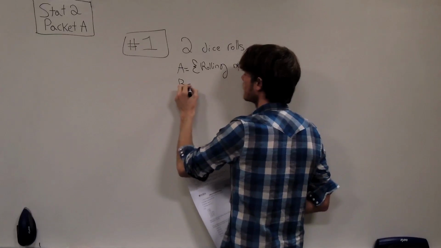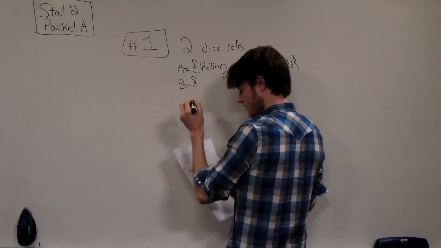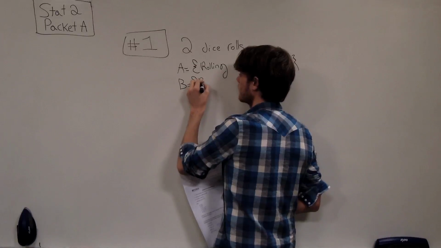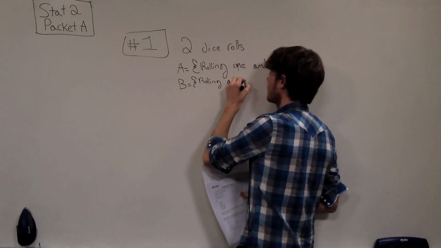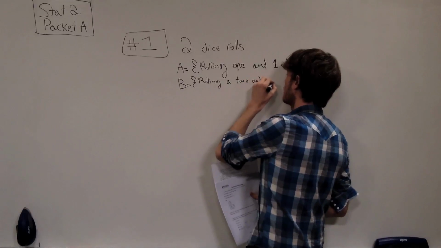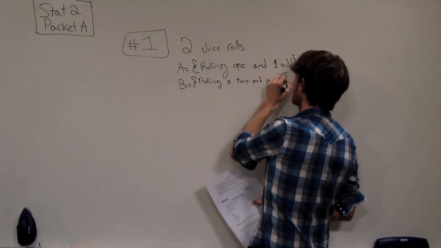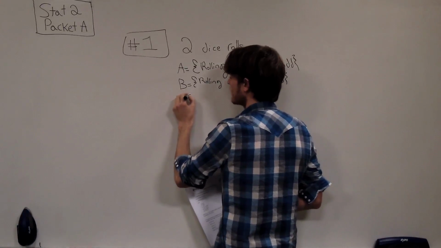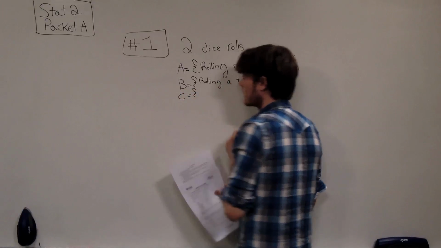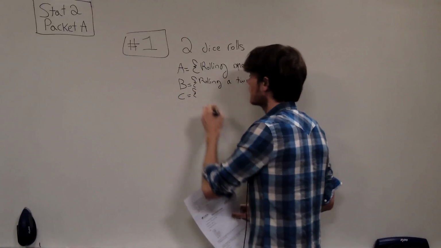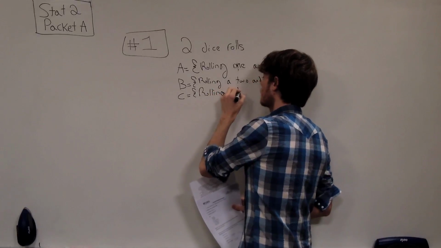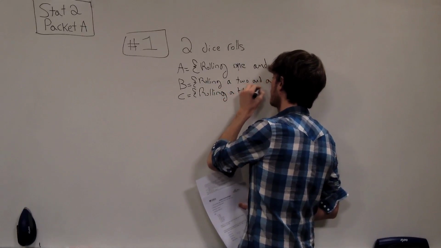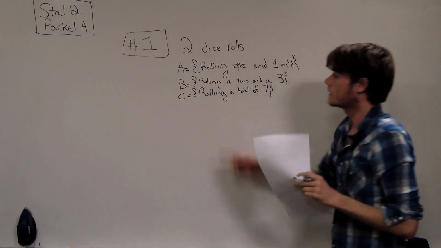B equals the event of rolling a 2 and a 3. And C is rolling a total of 7.